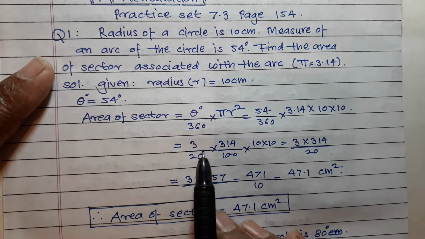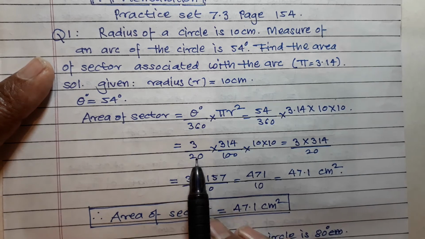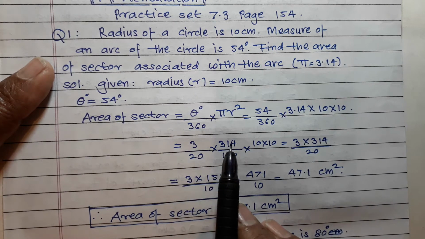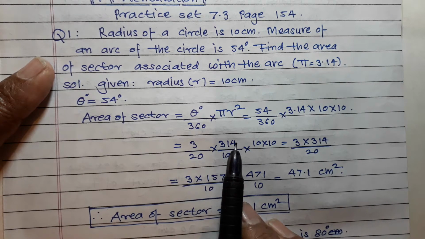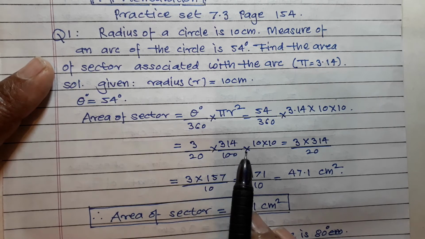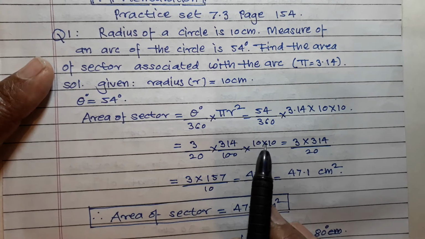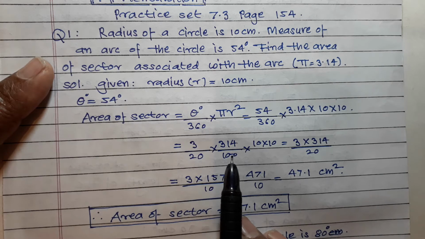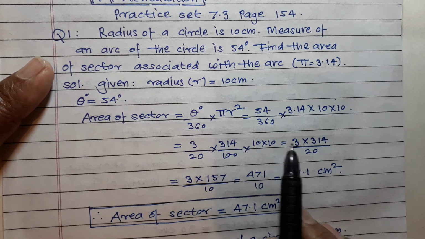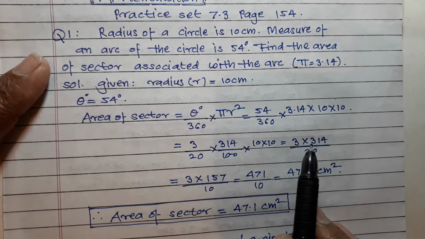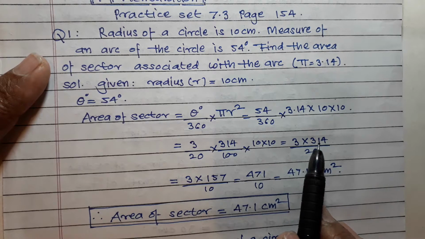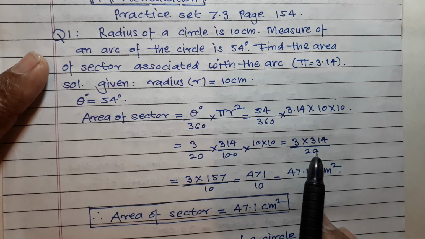So this gives you 3 upon 20 into 314 upon 100 into 10 into 10. So this 100 and this 100 get cancelled and it is equal to 3 into 314 upon 20.